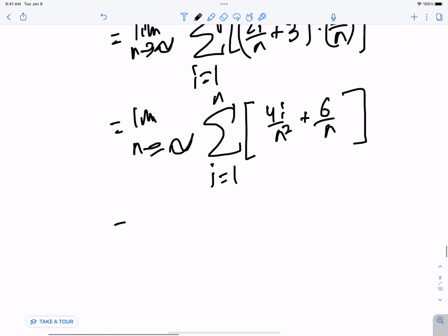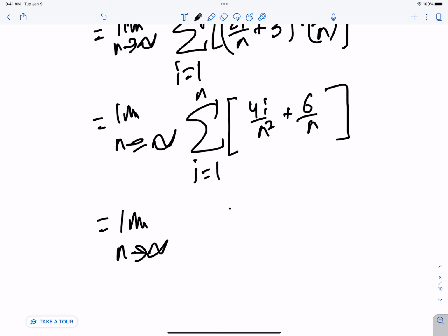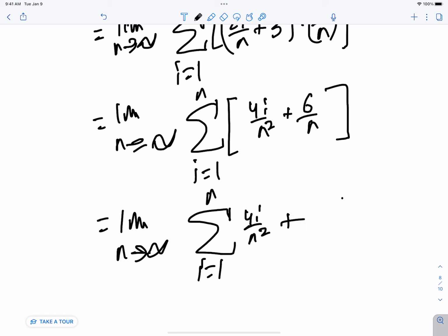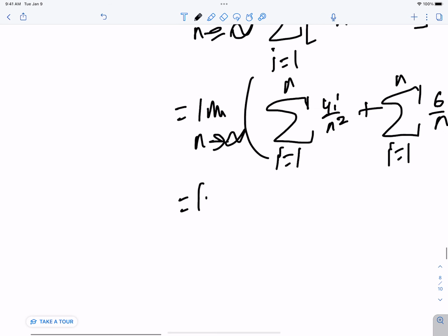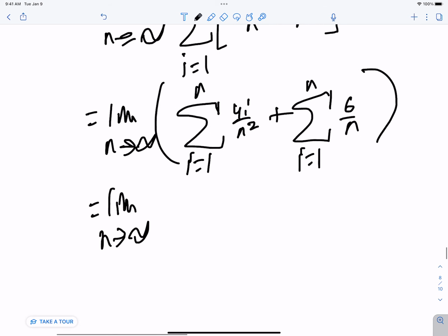I'm going to split this summation, or this sigma notation, into 2 terms, because we can do that, which means that we'll be left with something that looks a little bit like that. And bear in mind that this is also in the same limit, so I'm not going to disobey math laws in this case. The next thing we have to do is to, I guess, simplify the sum so that it looks a little nicer.